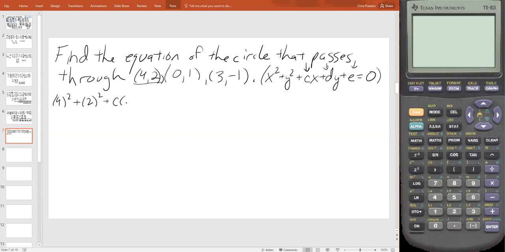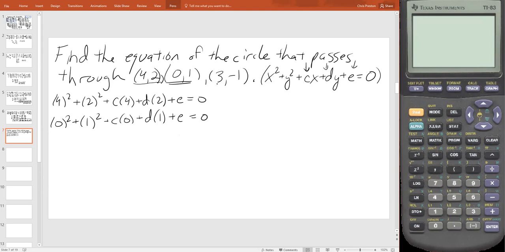So this is going to be c times 4 plus d times 2 plus e equals 0. We'll clean that up in a second. Then the second one: when x is 0, y is 1. So we make all our x's 0 and all our y's 1: c times 0, d times 1 plus e equals 0.